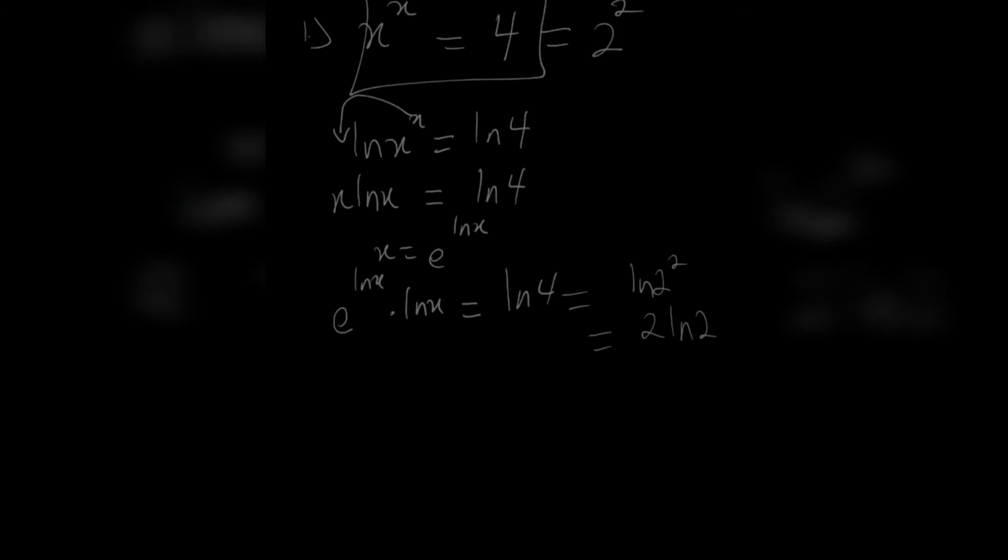Okay, so we can take the product log on both sides because we've met our condition. That's this is the same thing as this. So these two can also be written as this, right?